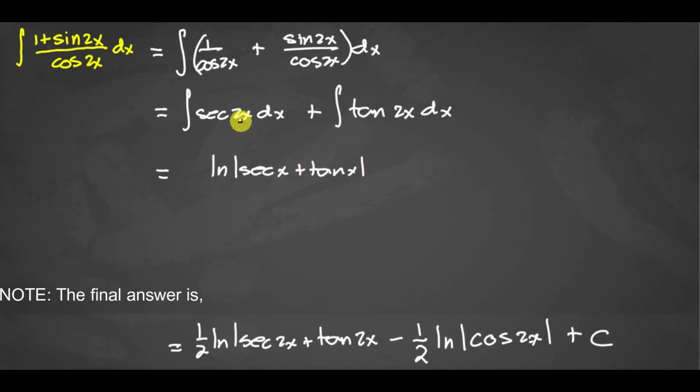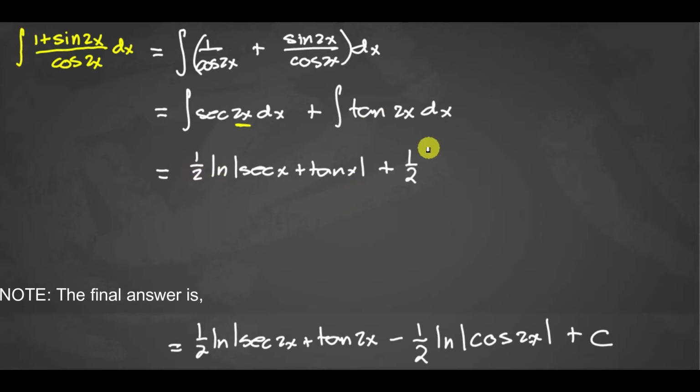Now notice that there is 2x here, and if we use the chain rule of integration, then taking the reciprocal of the derivative of 2x, which is 1/2, we can say that this is 1/2 ln secant x plus tan x.